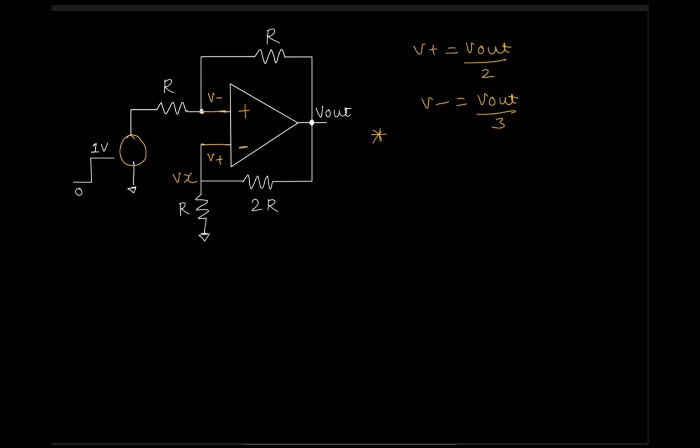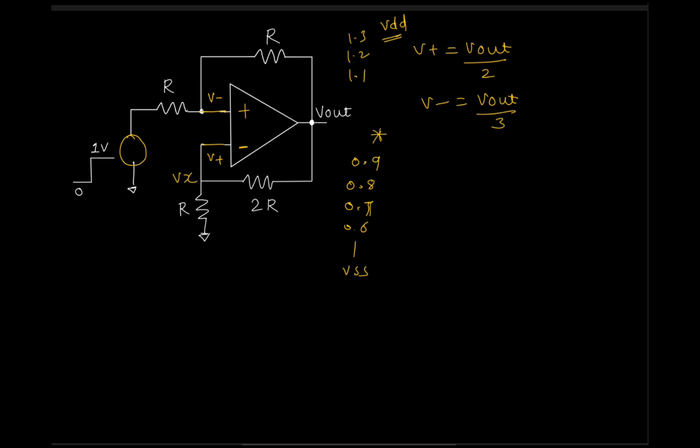So if V out increases, it will try to increase again. Assume this is 1.1, it will increase to 1.2, then 1.3, and go on until it reaches VDD. And if it decreases, 0.9, 0.8, 0.7, it will continue to decrease until it reaches VSS.